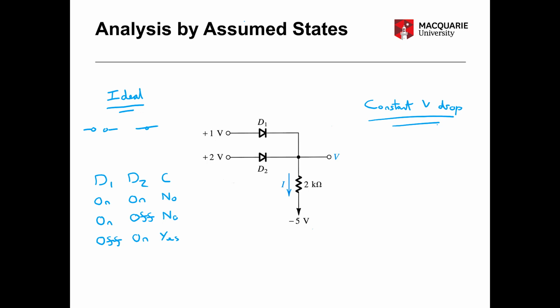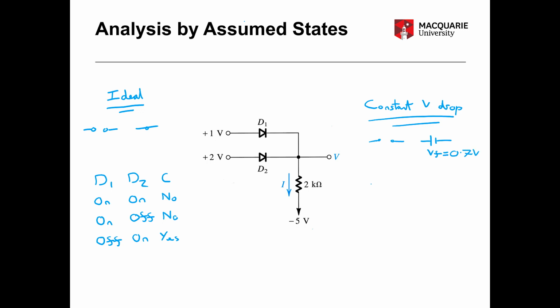So in this case, if we have reverse bias conditions, then we still have an open circuit, but if we have forward bias conditions, then we effectively have a voltage source of VF, and in this example we'll say that's 0.7 volts.